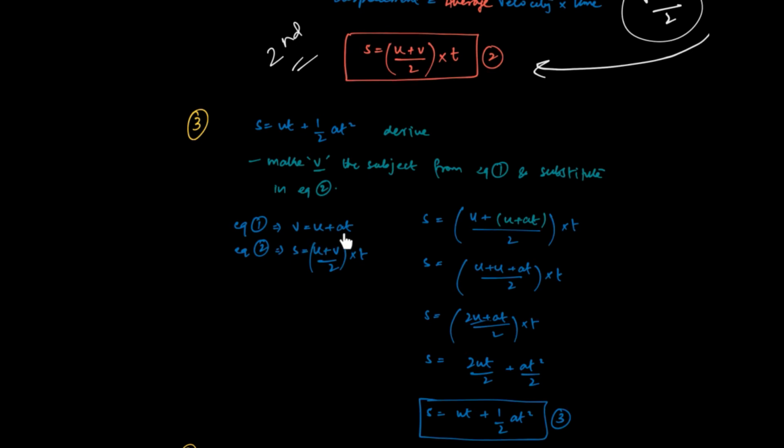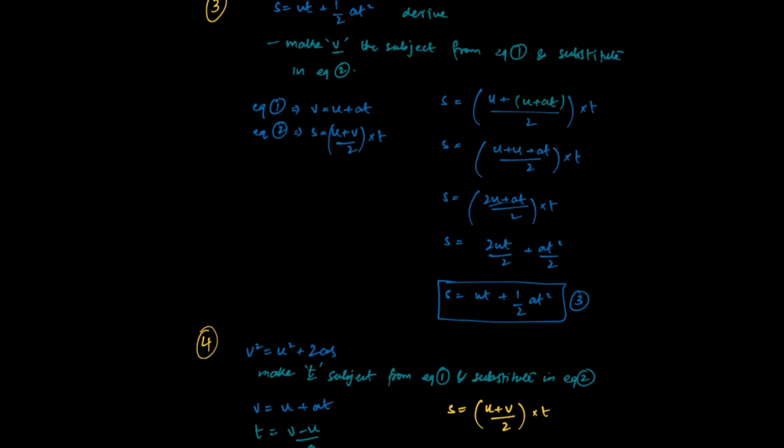In the second equation v is replaced by u plus at, and the equation becomes u plus u plus at, divided by 2, multiplied by t. The brackets are opened, and it becomes 2u plus at divided by 2 into time.